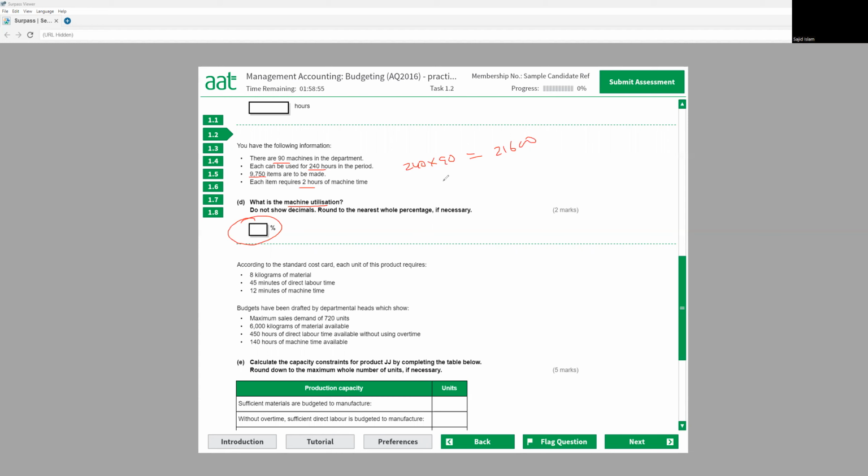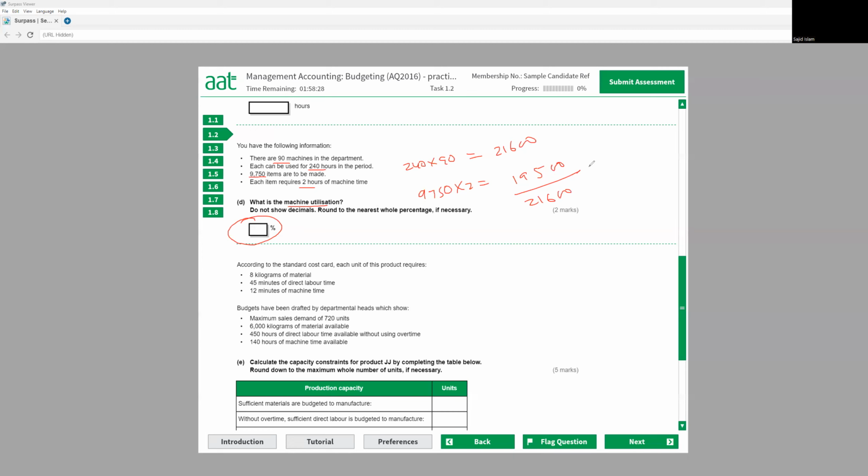So how many hours do I need to make these 9,750 items? 9,750 times 2. So I need 19,500 hours, but actually I have 21,600 hours available.